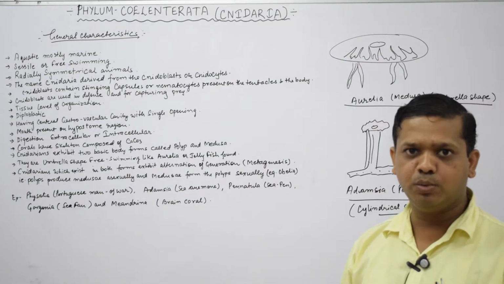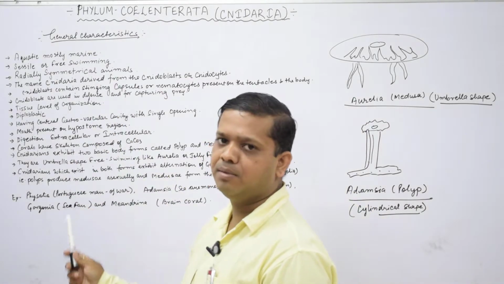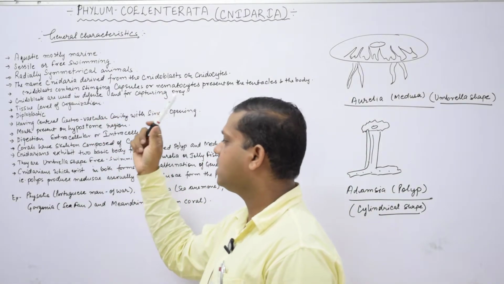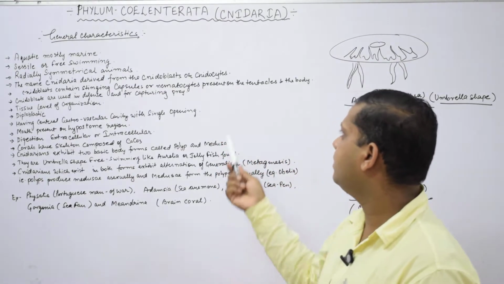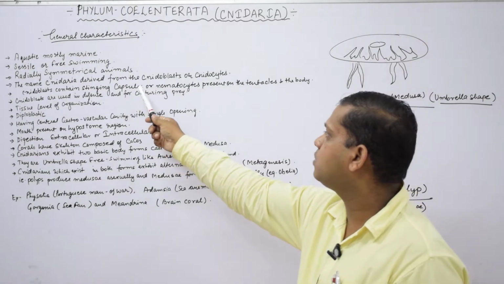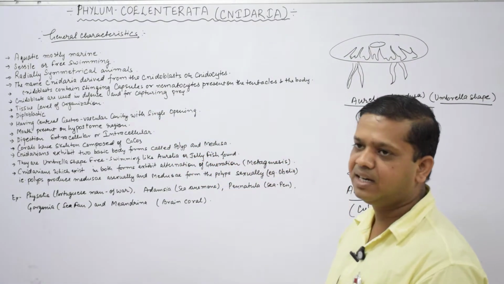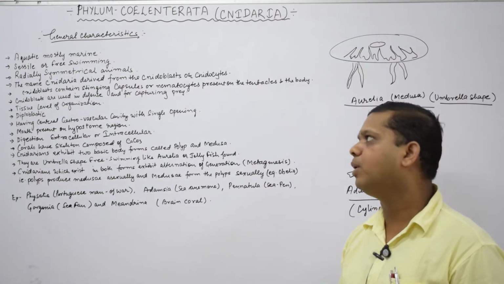So the cnidoblasts or cnidocytes are stinging cells, meaning they have a stinging capsule, also called nematocytes, which is present on the tentacles of that particular animal body, right.